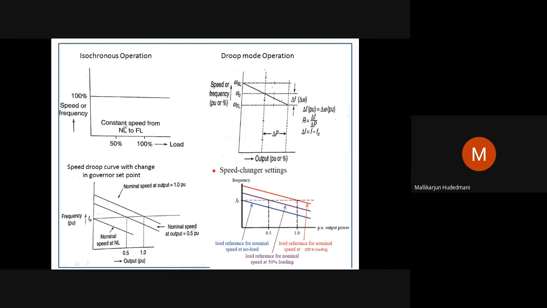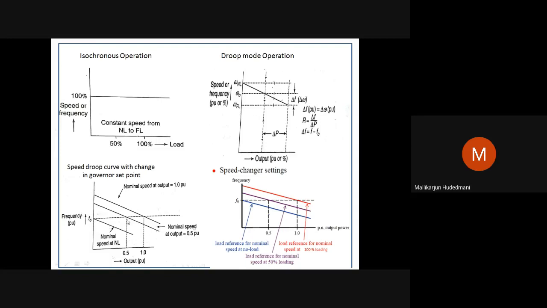So this is the isochronous operation and droop mode operation, in which we can distinguish governor free from governor operation. Governor free means the governor will not be there. Whatever line you have, only along the line it keeps operating.